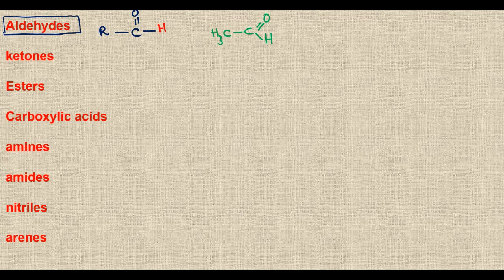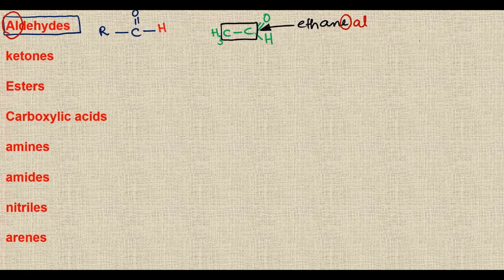As the rule of thumb, first of all, select the longest possible chain, which contains two carbon atoms. A two carbon atom compound is eth, and the first group is ane, so it's ethane. But to name the compound, the last E is replaced with the al from the aldehyde. So this will become ethanal.